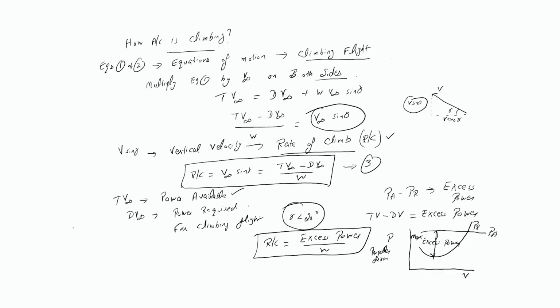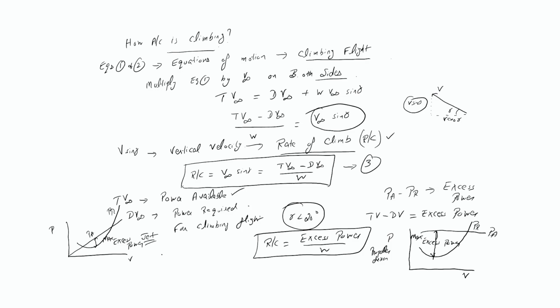Similarly, if I plot power with velocity for a jet aircraft, this is the power available and this is again the power required. So here this is the maximum excess power.